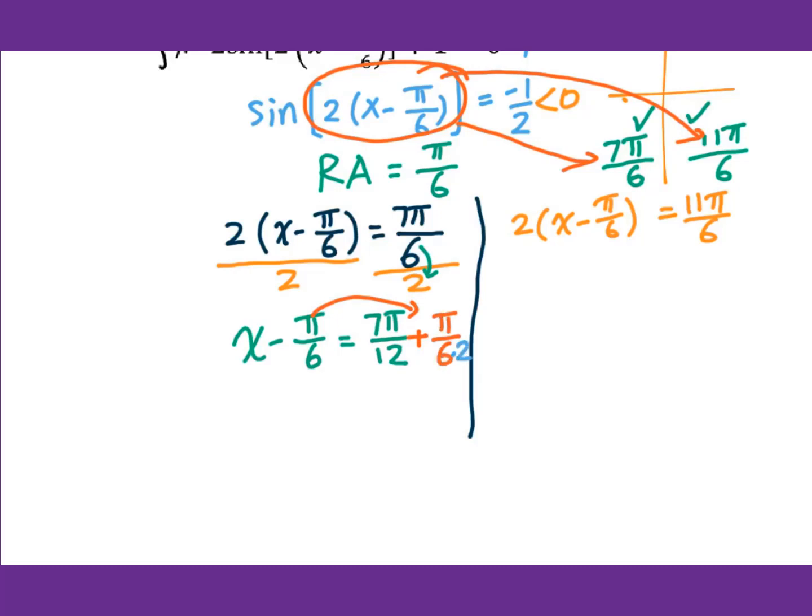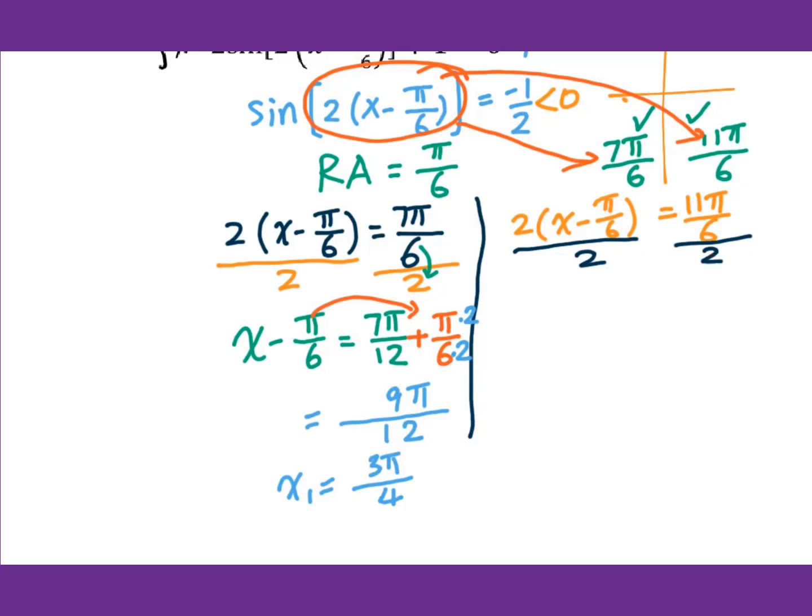Same denominator, I multiply by 2. You will get denominator is 12, 9 pi. Reduce, you will get 3 pi over 4. That's your x1.